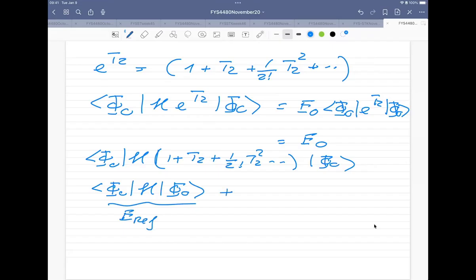Then I have a new term, phi 0, the Hamiltonian, and then T2 phi 0. But now there is an additional term. The next term is going to include a T2 squared. Keep in mind that a T2 squared acting on phi 0 will in general produce a four-particle, four-hole state.